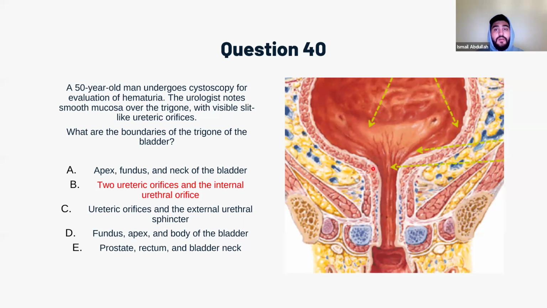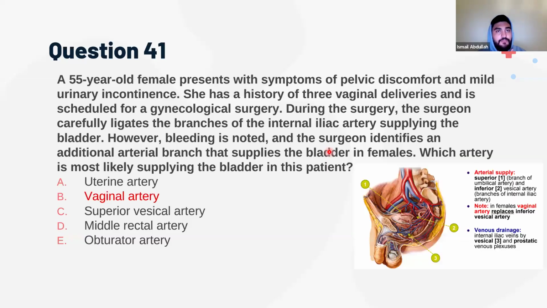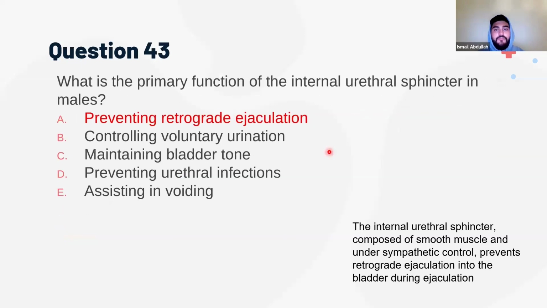So imagine that there's no internal urethral sphincter. Semen is going to flow the other way. So that's called retrograde ejaculation. That's why, with the help of the internal urethral sphincter, it prevents retrograde ejaculation in men.